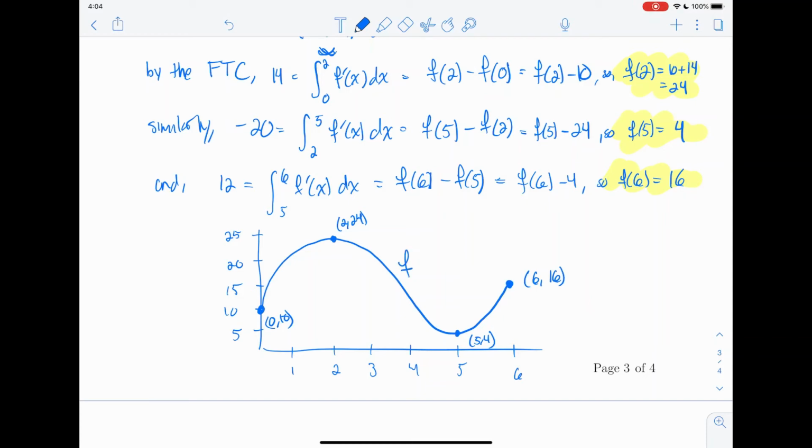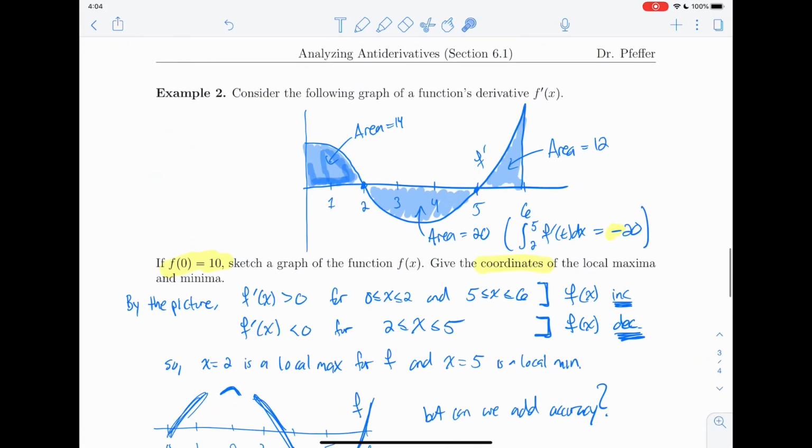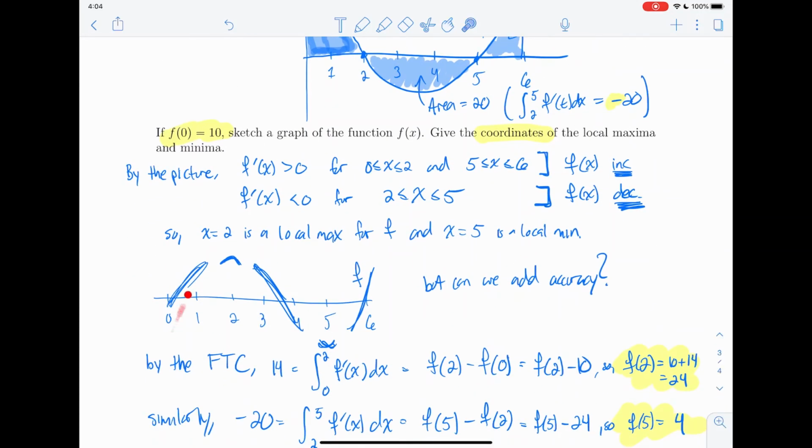And so this helps to highlight the relationship that the fundamental theorem of calculus gives between antiderivative function values and the areas under the curve. And additionally, how we can utilize the information about increasing and decreasing to give ourselves initial sketches of what antiderivatives should look like.